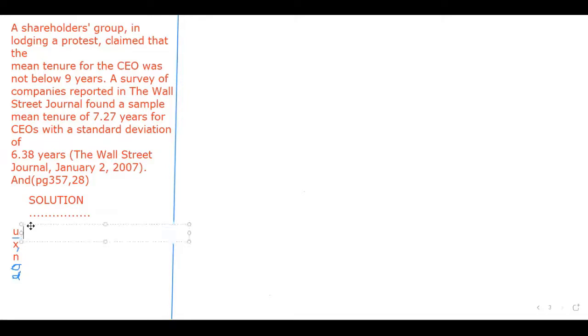Okay, so let's list our parameters. So our mu is 9, right? Population mean. Sample mean is what? 7.27.